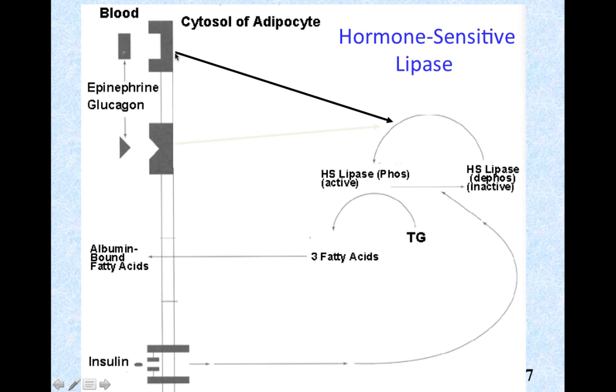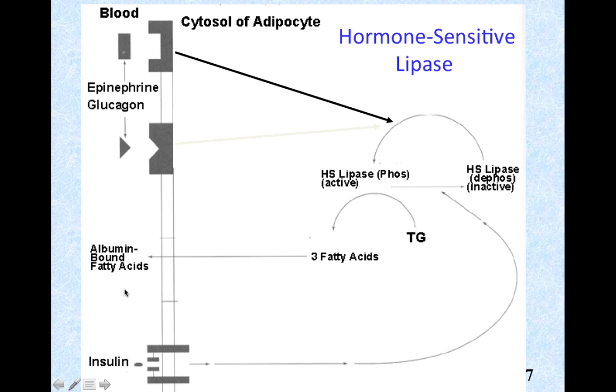They will bind to the receptors, stimulate signal cascades that stimulate the phosphorylation of hormone-sensitive lipase, activating the enzyme, causing hydrolysis of triglycerides, so the fatty acids leave those cells, bind to albumin, travel to tissues where they'll go down their concentration gradient into cells to be oxidized, typically for energy.